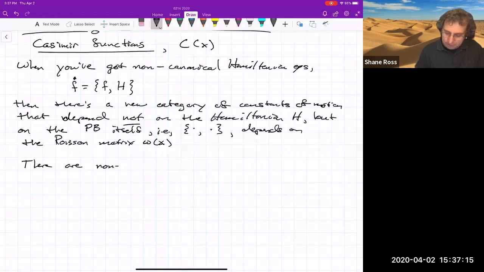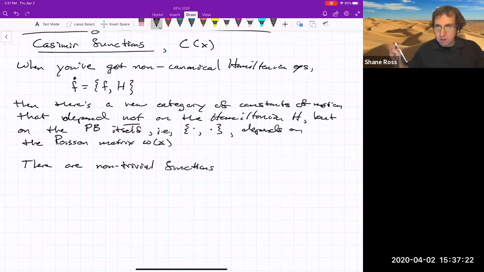I guess this is important, they're non-trivial functions. So something that's not just equal to a constant or equal to 0, that would be trivial. There are non-trivial functions that actually have some interesting functional dependence.